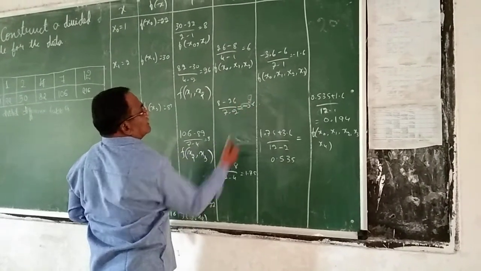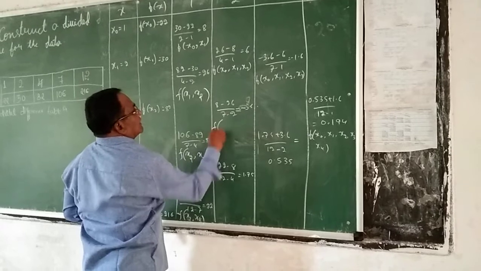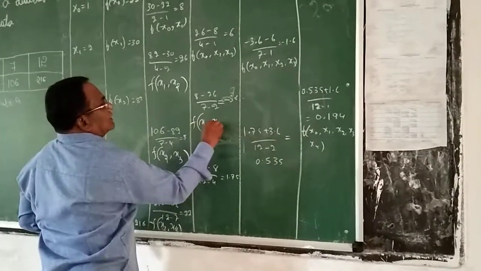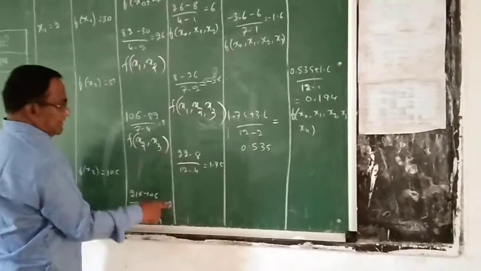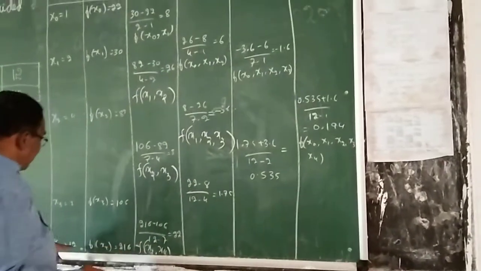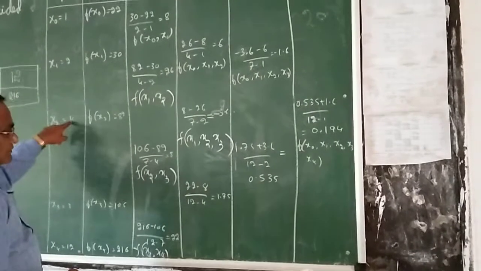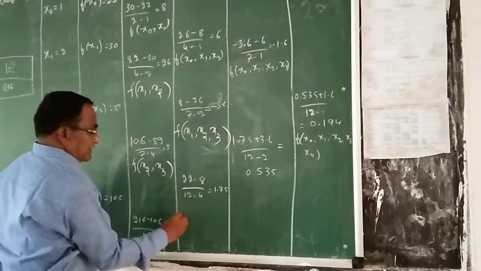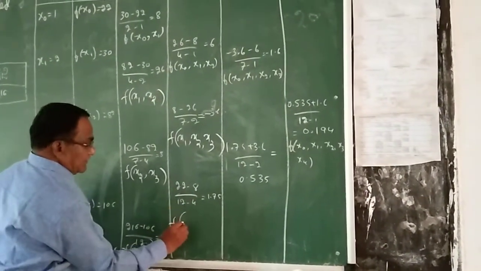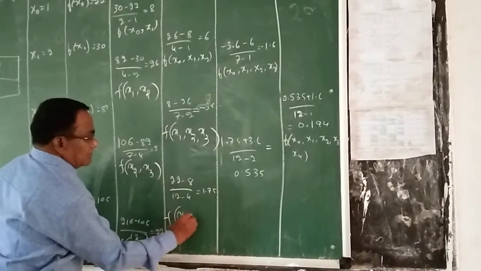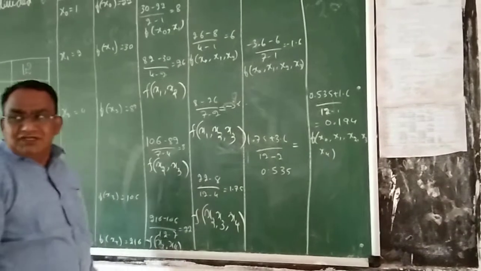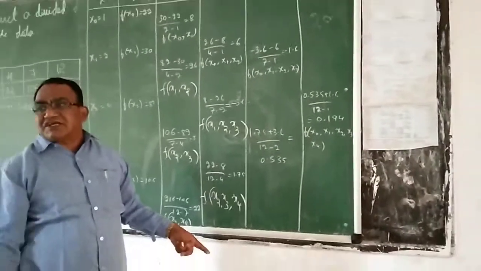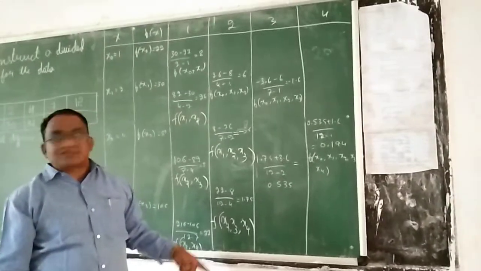It is with the negative sign. This is nothing but f of x1, x2, x3. Next, 22 minus 8 divided by 12 minus 4. This is 1.75 and it is denoted by f of x2, x3, x4. These are the corresponding second order divided differences.